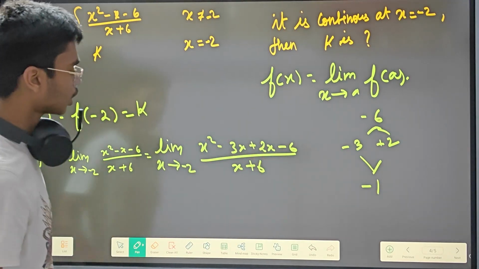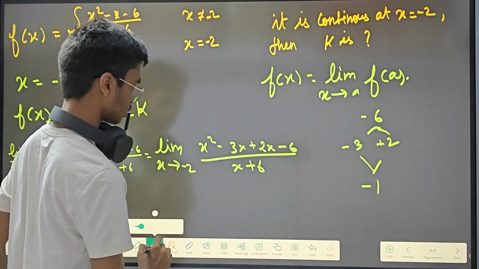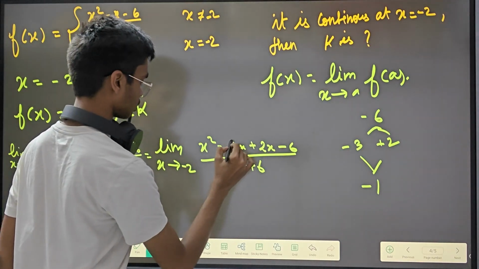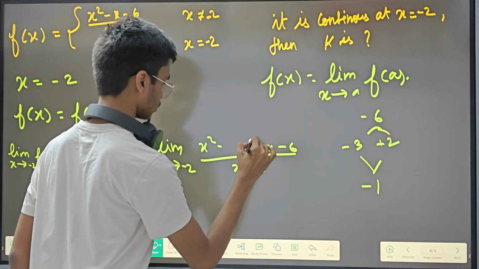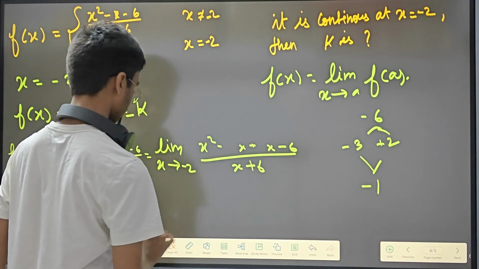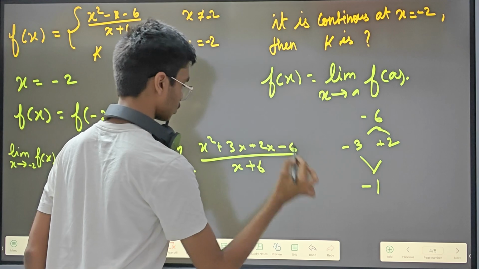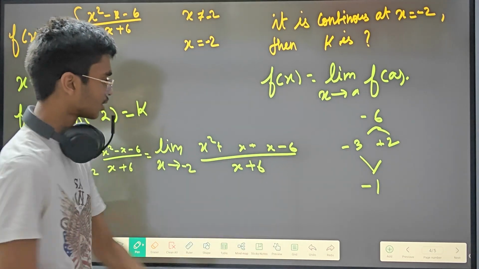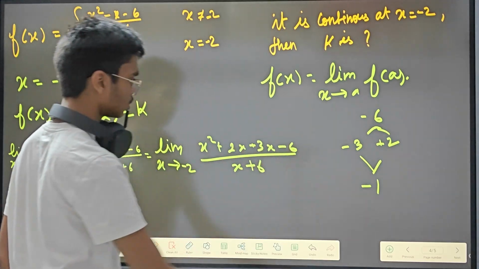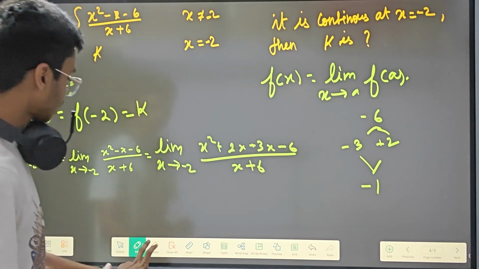So when you are taking common, what can you take? You will write like this, the same thing I have written, minus 3 and then 2. Okay, here minus should be coming.